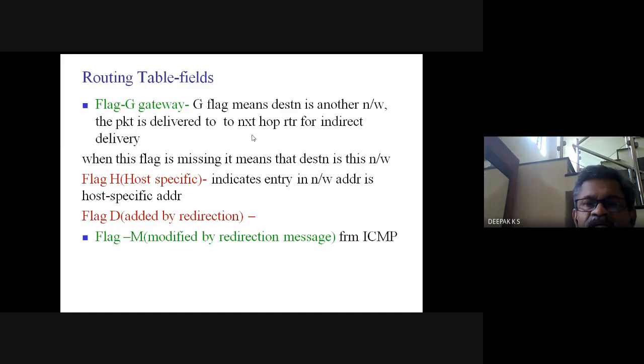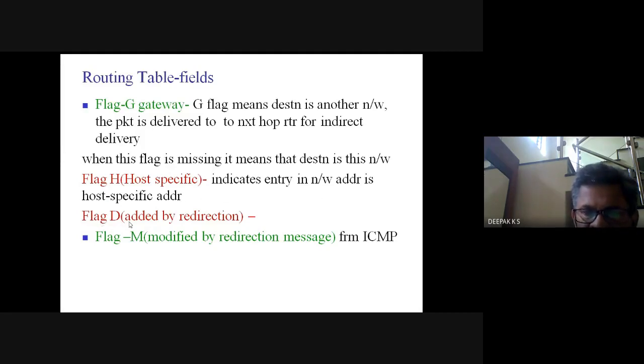The packet is delivered to the next hop router for indirect delivery. You connect different types of networks through a gateway. When this flag is missing, it means the destination is this network itself. Flag H, host specific, indicates the entry in the network address is a host specific address.